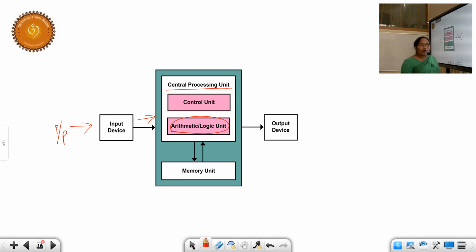It means it uses arithmetic operations or logical operations to give us the output, and it is stored in the memory. From memory, again the instructions are changed or we are giving other instructions, this memory will give to the arithmetic and logic unit, and the overall part will be controlled in the control unit.